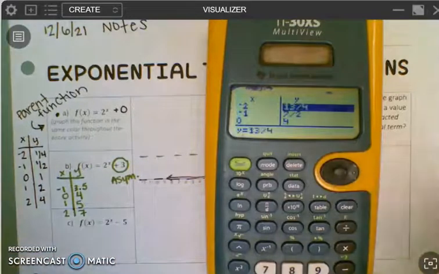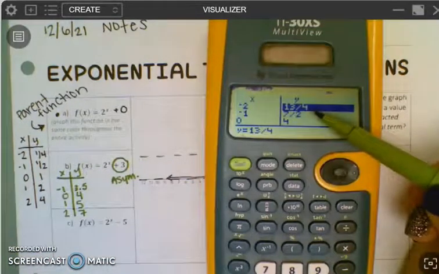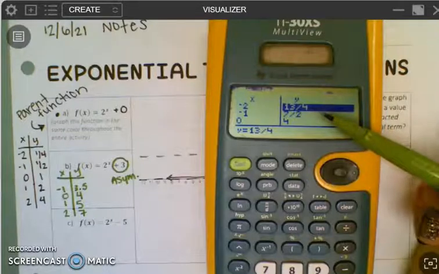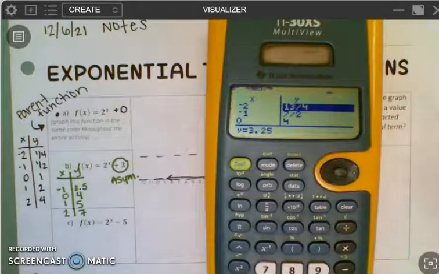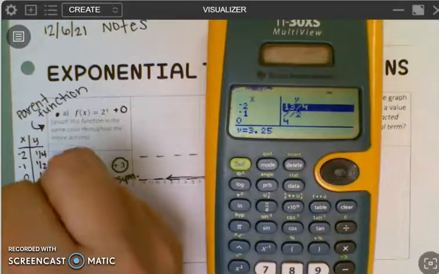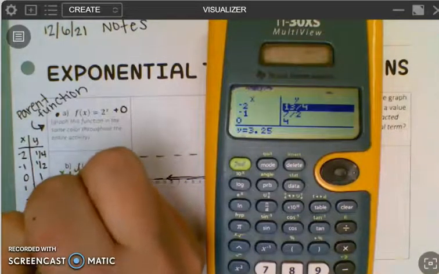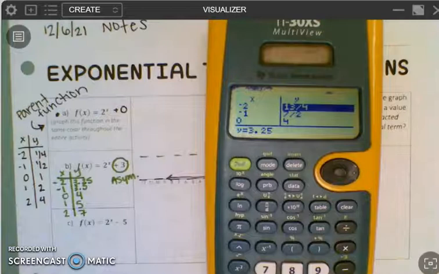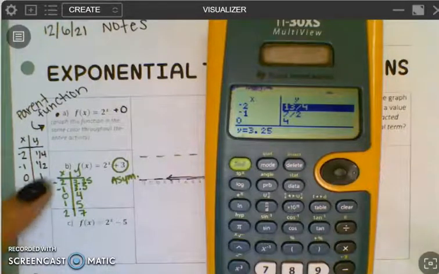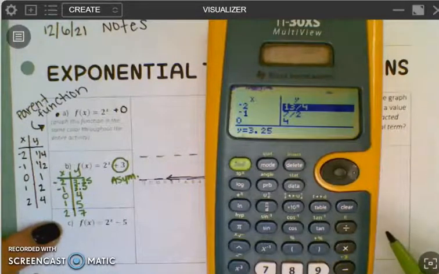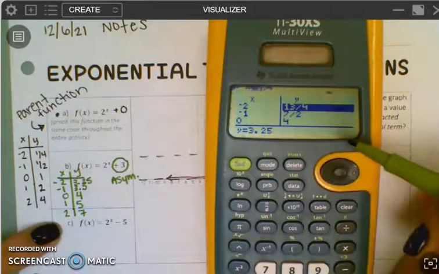If I go up, -2 is 13/4. I have no idea what 13/4 is, but my calculator will do it for me. So it's 3.25. This is the table we are going to end up graphing, so check to make sure that your calculator matches my table.